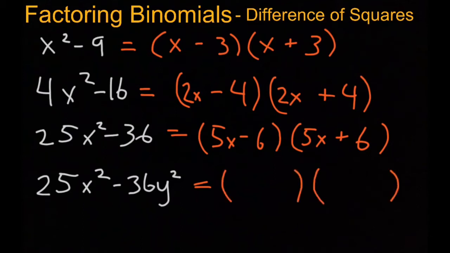The square root of 25x squared is 5x, and the square root of 36y squared is 6y, with a positive sign and a negative sign on each side of the bracket, just like this. And that's how you factor using the difference of squares method.